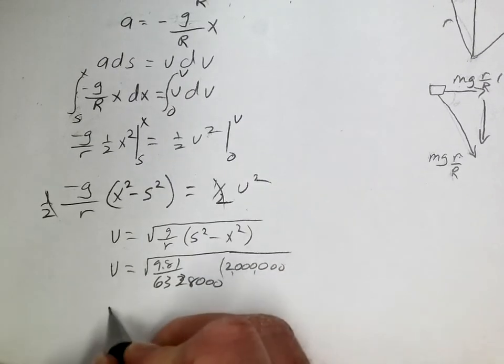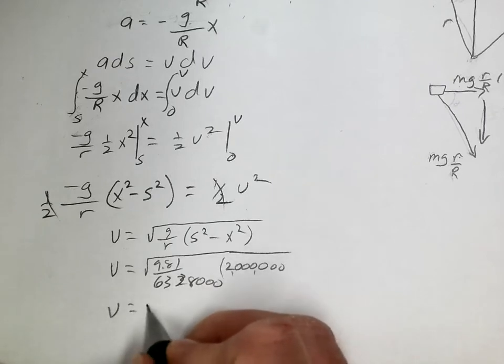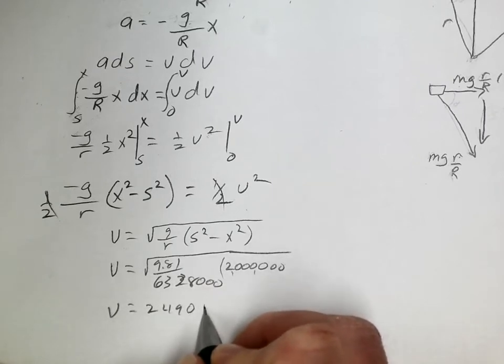And the maximum velocity is v equals 2,490 meters per second.